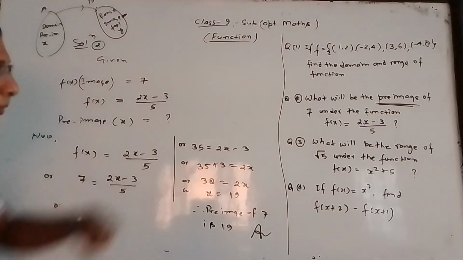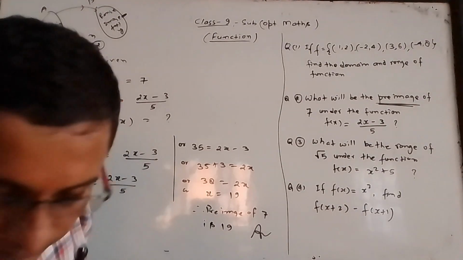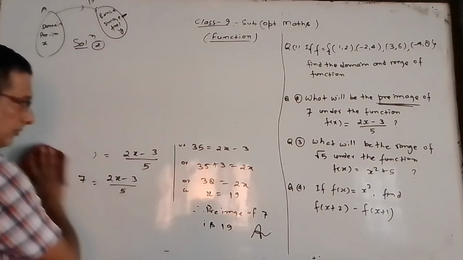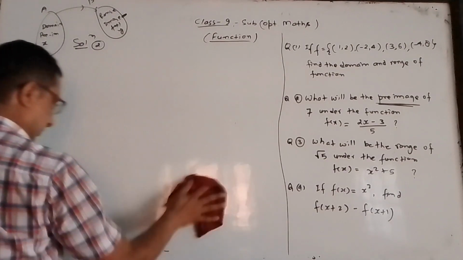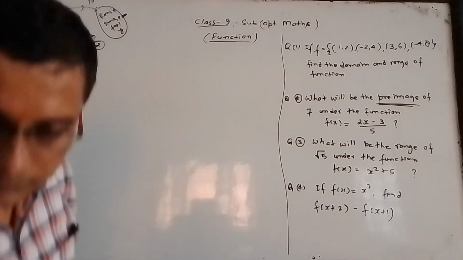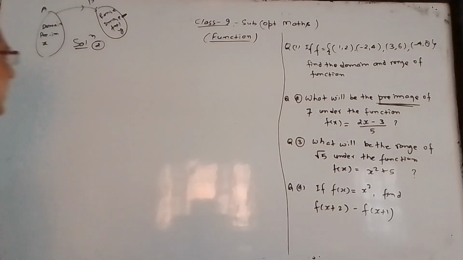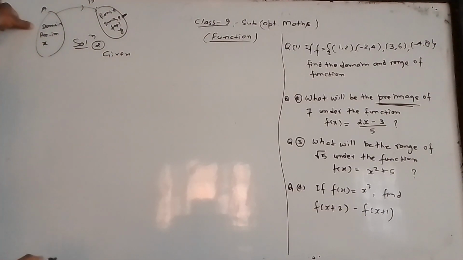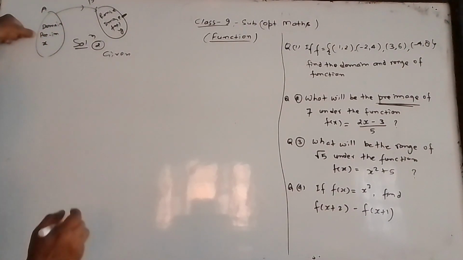So now I am going to question number three. Read the question again. First write the given. Domain asked means x is the asked one. Pre-image means x.